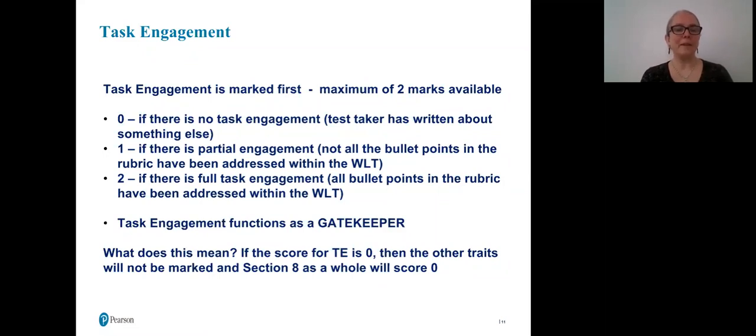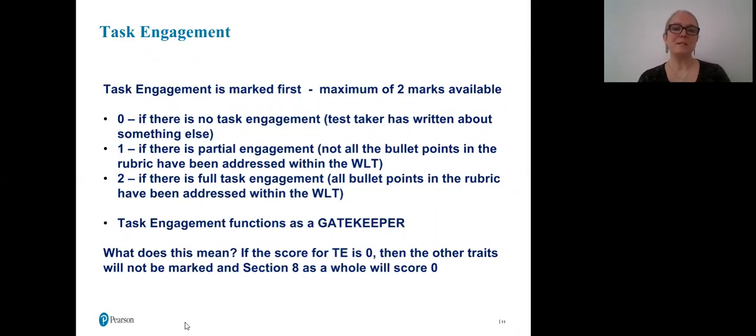They would score 1 if there is partial task engagement, so perhaps some but not all of the bullet points from the rubric have been addressed within the word limit tolerance. They would score 2 marks if there is full task engagement. That would mean that all of the bullet points in the rubric have been addressed within the word limit tolerance.